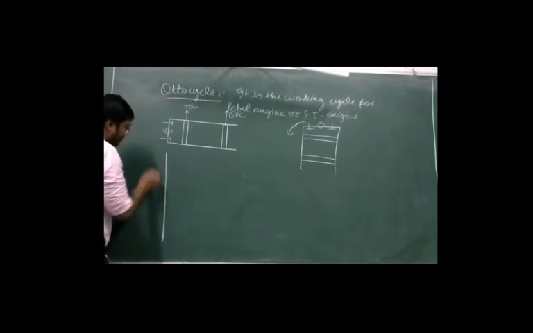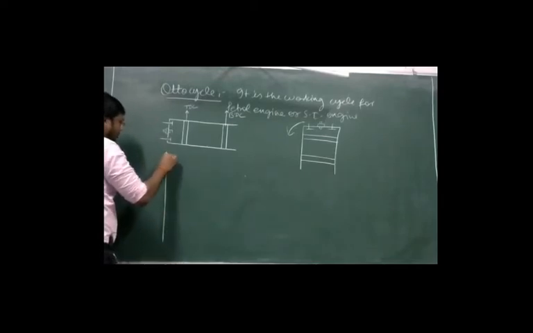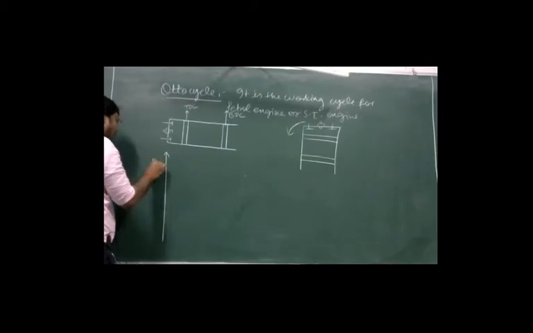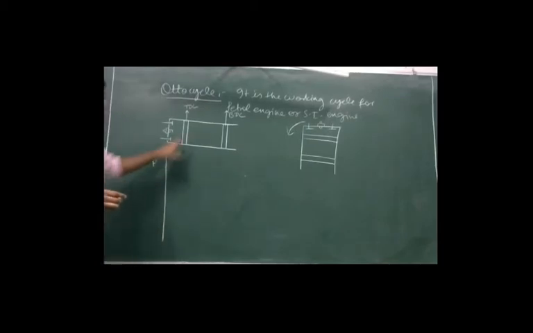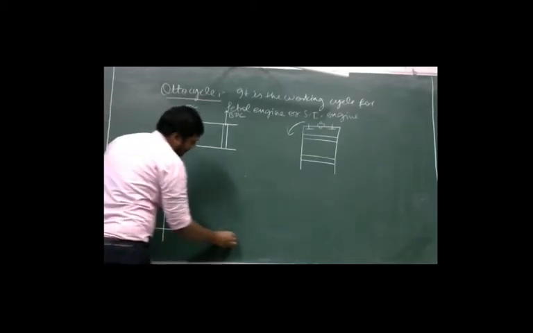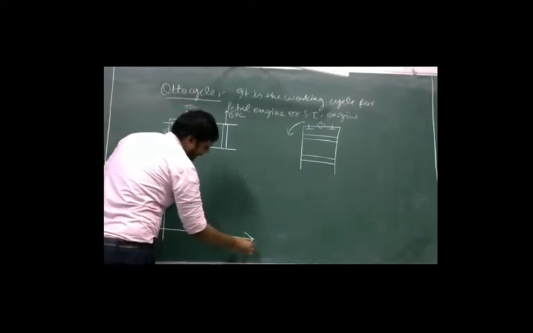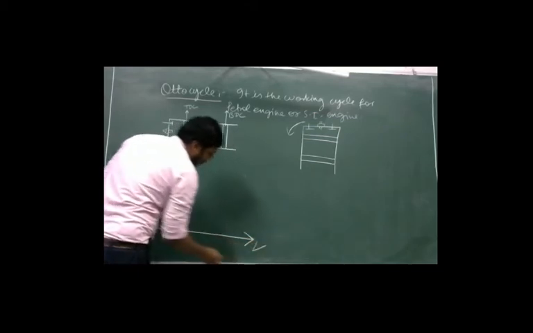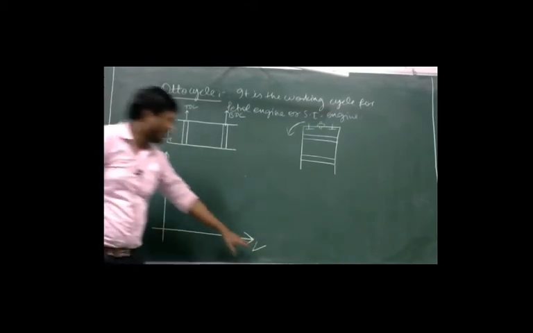This is the pressure axis. We make the PV diagram with the help of this basic structure. So this is the pressure axis, and below this is the horizontal axis, which is represented by volume.